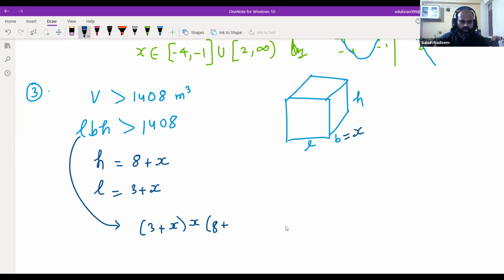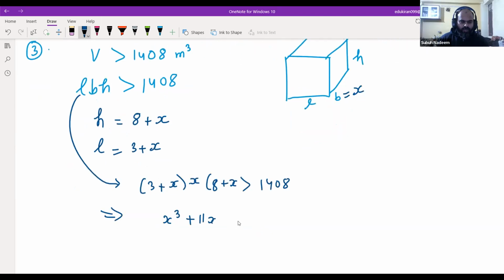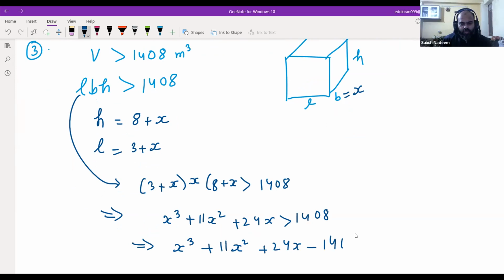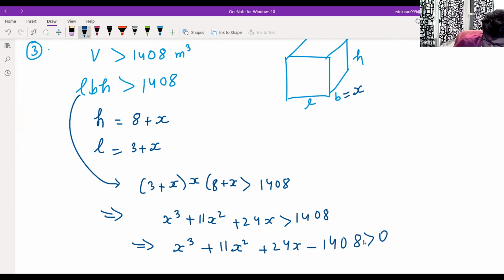So now 11x square, then 24x is greater than 1408. This will be x cubed plus 11x square plus 24x minus 1408 greater than 0.